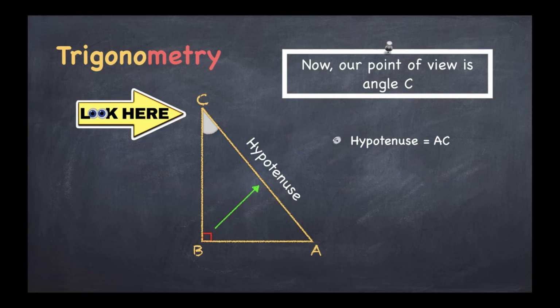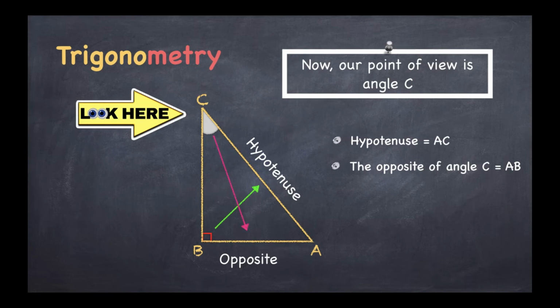Okay, so now back to angle C. We are going to find the opposite side. The opposite side is the side in front of the angle C, and the opposite side is AB. And the last one, let's find the adjacent.